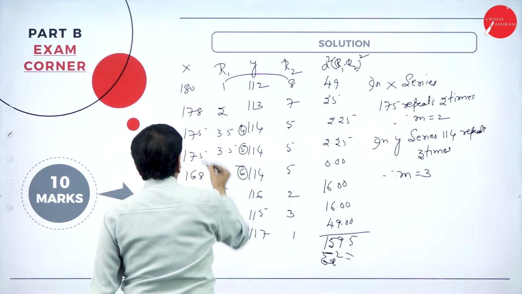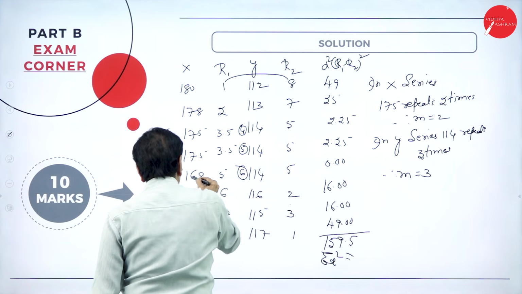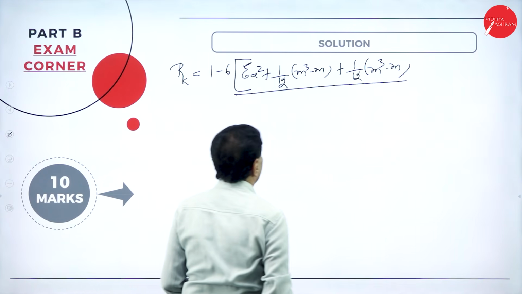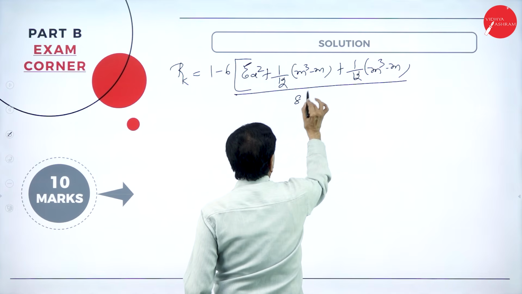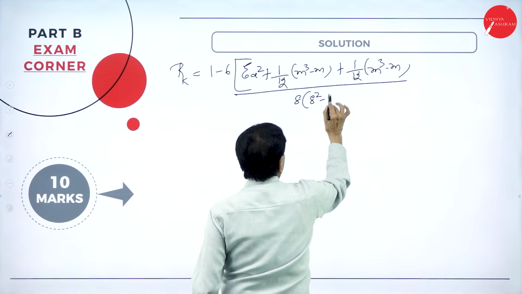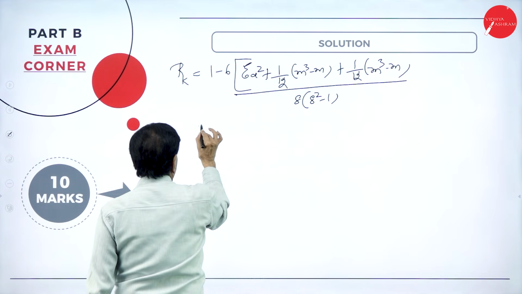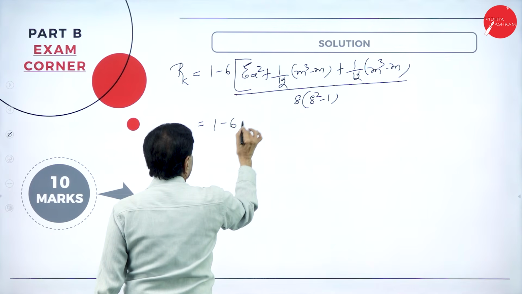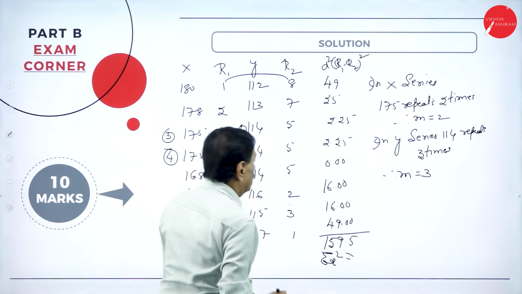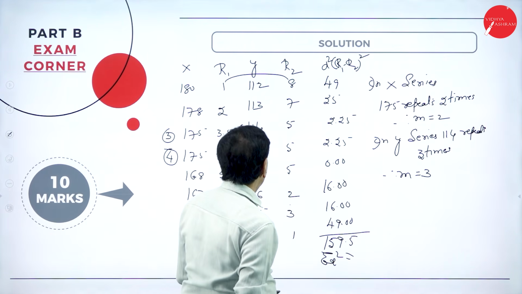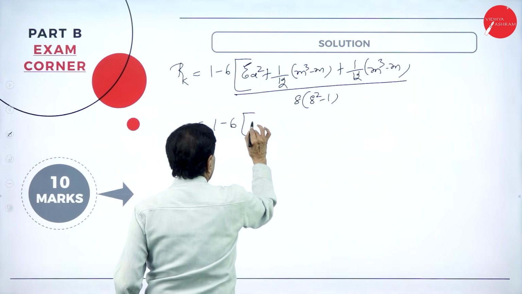How many items are there? 1, 2, 3, 4, 5, 6, 7, 8. So 8 into 8 square minus 1. What is your sigma d square? 159.5.